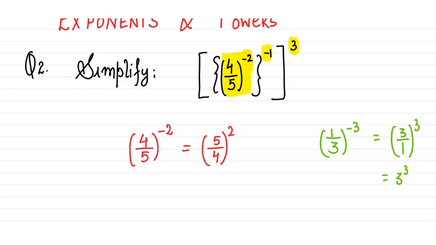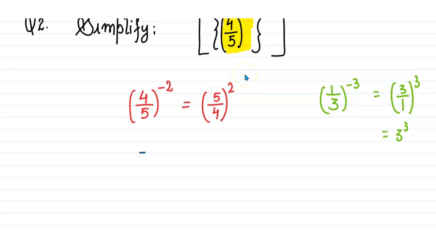Now, see, this entire thing has been raised to another negative power, that is -1. So let's see that. Now I'm picking this whole thing up, which we have solved. This is positive, because we have taken the reciprocal, and this is raised to power -1.